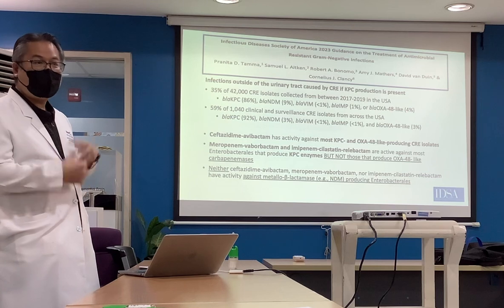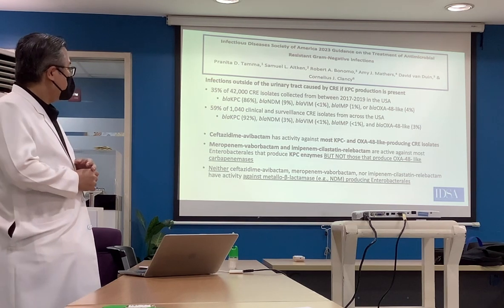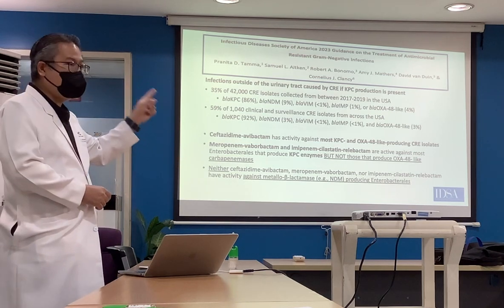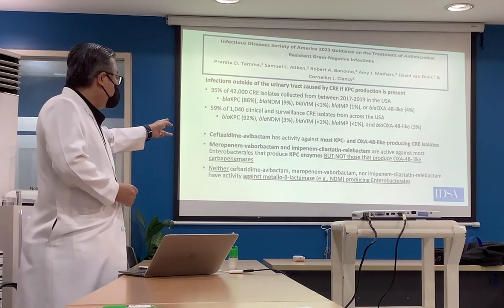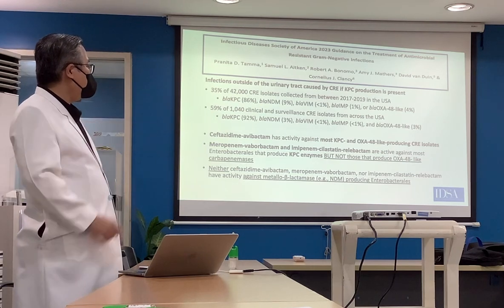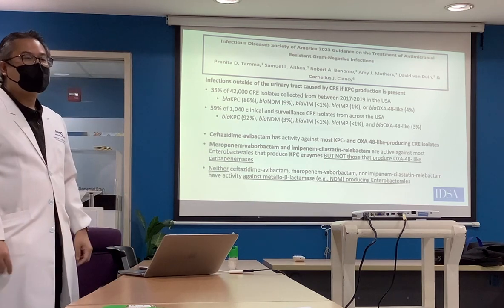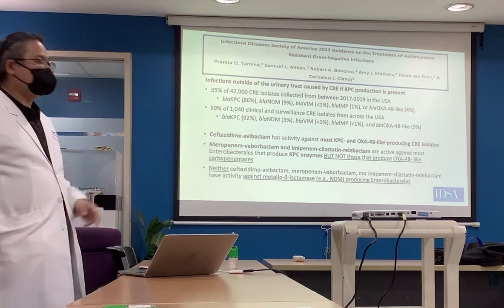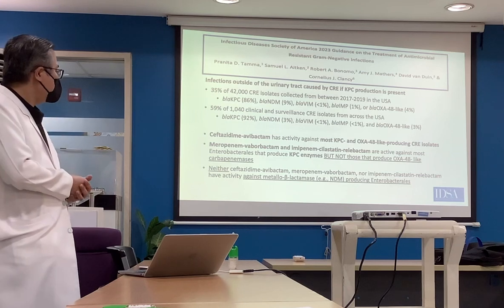Okay, mamaya we will examine the Ambler classification. But ceftazidime-avibactam has activity versus KPC and OXA-48. Yung meropenem-vaborbactam and imipenem-cilastatin-relebactam, wala silang OXA-48. So it's also good that what we have in our country is ceftazidime-avibactam because it has KPC and OXA-48 activity.